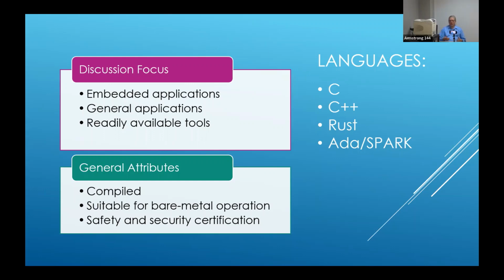Some examples that I've written about recently: the security processor for, I think it was AMD, the software that actually runs on that security processor was developed using Spark, which is a variation of Ada, which I'll get into a little bit later.